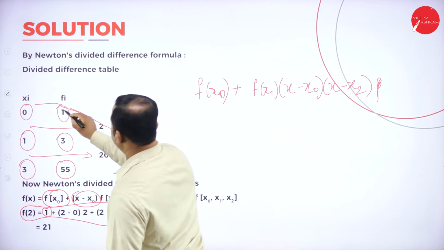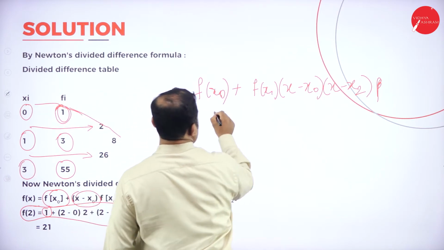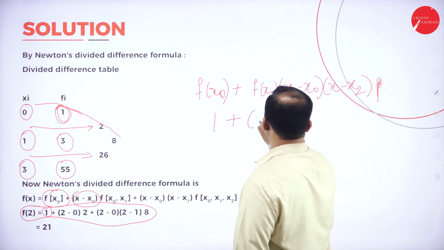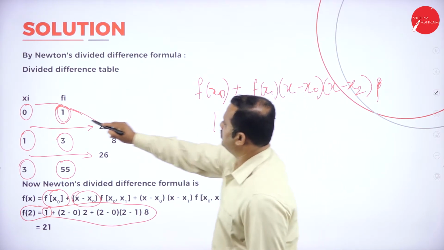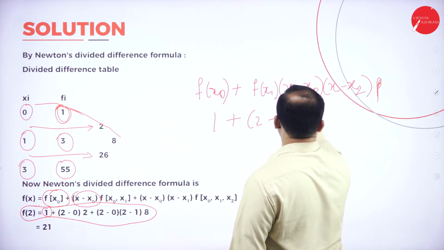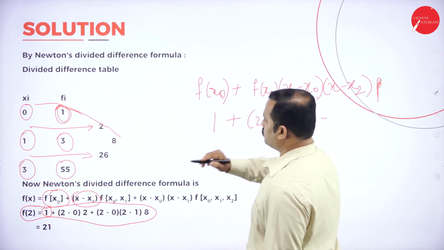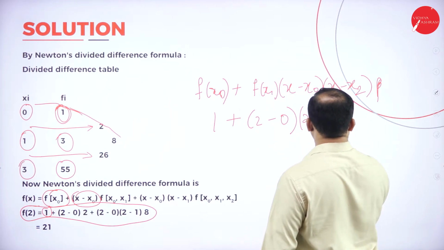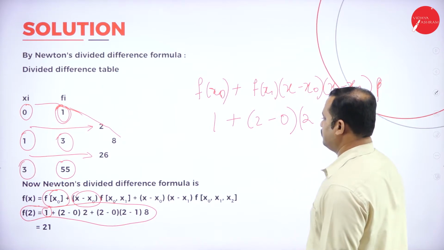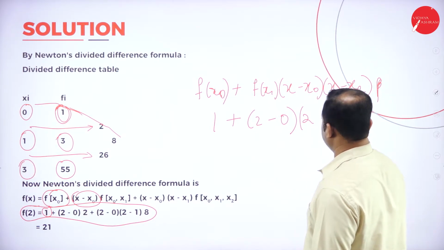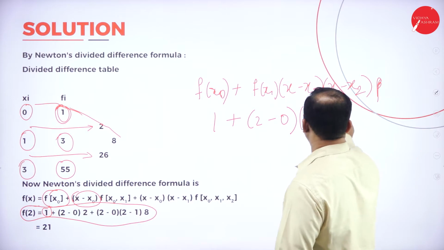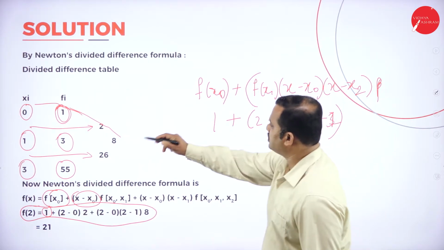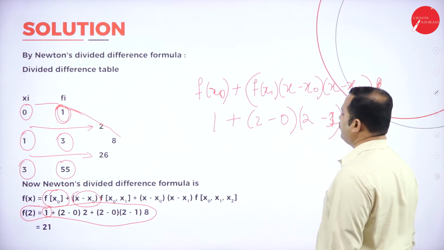That is f of x0, that is 1, plus x minus x0, which is 2 minus 0, into 2 minus x2. What is x2? It is 3. 2 minus 3, yes, it is 2 minus 0 into 2 minus 1. Then what is f of x1? It is 8. We have this term.